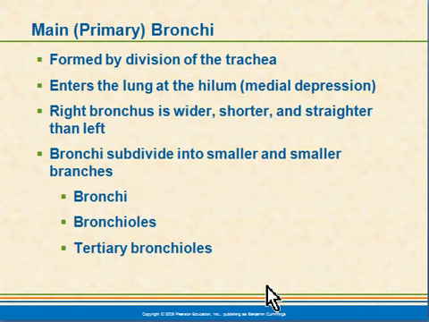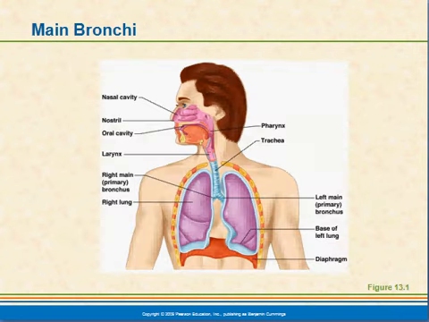I will give you the complete sequence directly. But for the moment, what we need to know is that the trachea comes down and it branches into a right and a left at the primary bronchi. And this image shows, again, the right and the left bronchi.